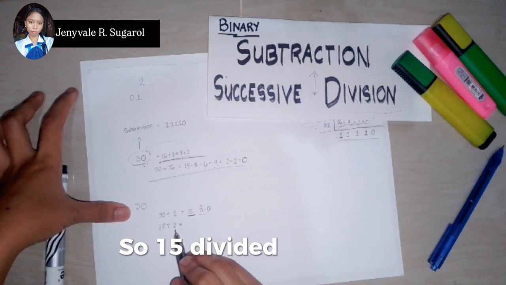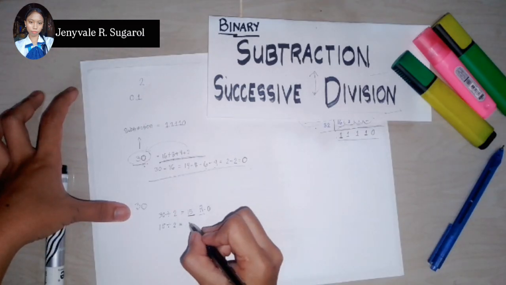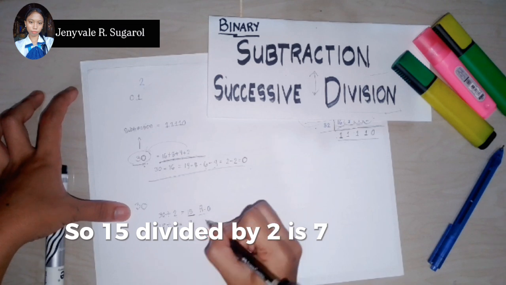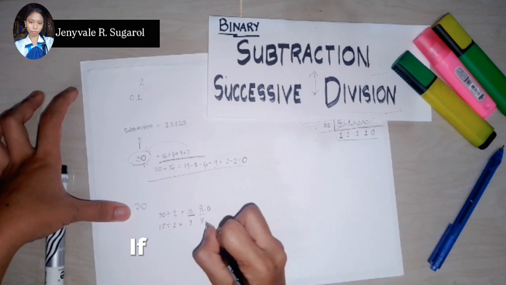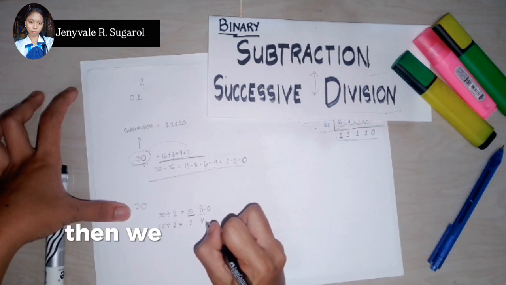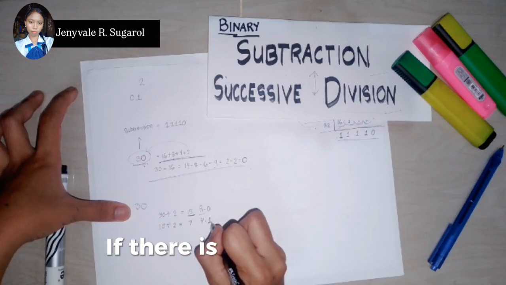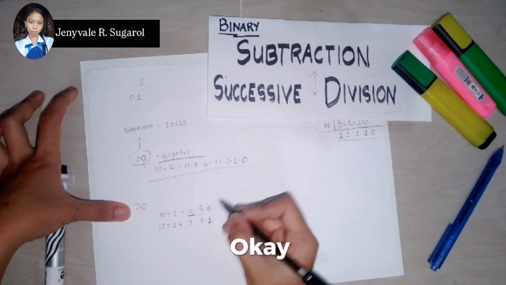So 15 divided by 2 is 7.5. So 15 divided by 2 is 7, and there is a remainder. If there is a remainder, then we will just have to put 1. If there is none, we'll put 0.